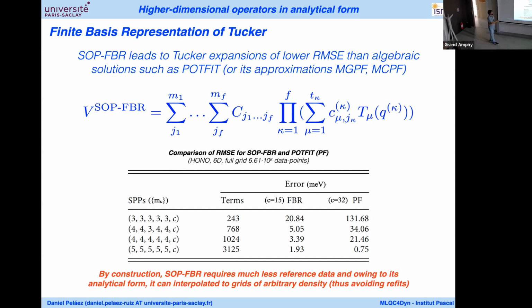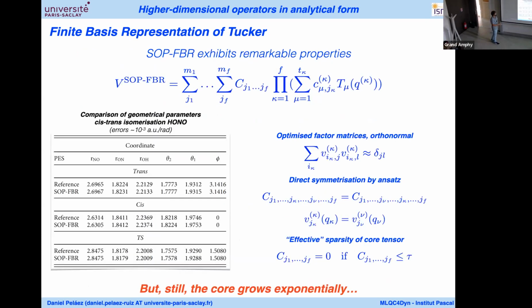This potential, HONO, is a 6D potential, and this is fully automated. We didn't do anything apart from saying, okay, I want this many basis functions. That's all. Then consider a bit more of the potential in the surface properties. Just have a look here. We did not include any specific information of the topography, no stationary points included. For computational reasons, we gave a coarse, small grid as a reference.